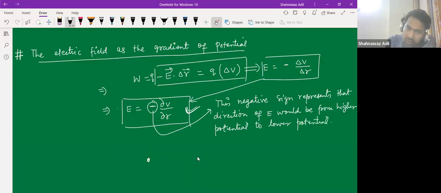Say you have a potential of 10 volt here, and you have a potential of 5 volt there, right? So what would be the direction of the electric field? Right to left or left to right? So left.